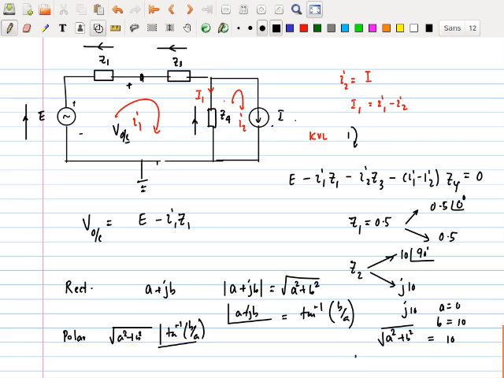And then the angle, tan inverse of B over A. B is equal to 10, and A is equal to 0. So it is inverse tan of infinity, and that gives you 90 degrees. So that's how I got the 90 degrees, right?